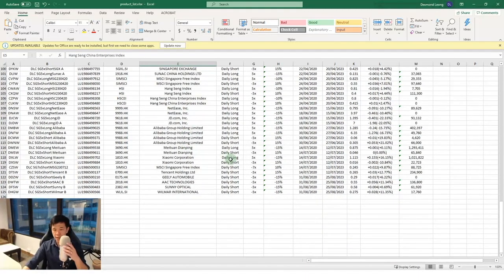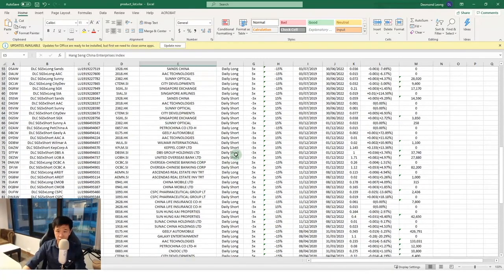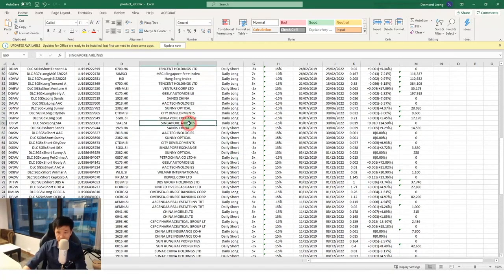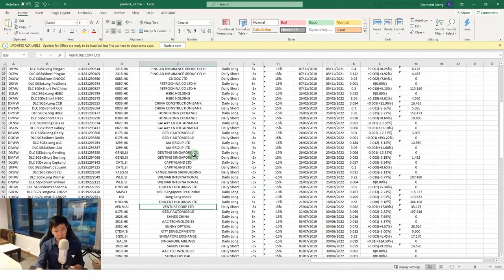So it's not like you are restricted to just a couple of stocks that you can look at, right? I can look at anything, whether Singapore Airlines, City Developments, Tencent, one of the most popular ones. And you can see what the various stocks are that are covered and can be traded via a DLC.